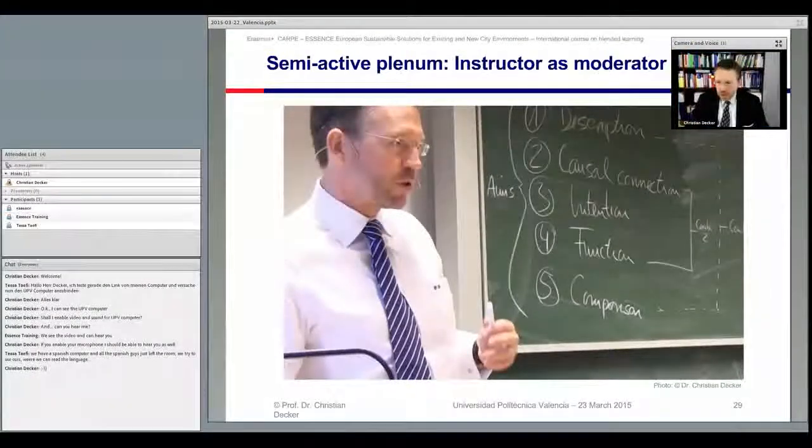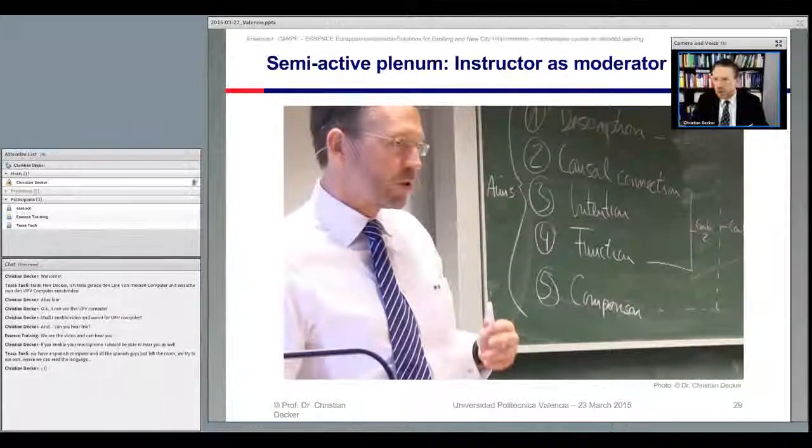Okay, so what are the methods that I use in the classroom? I have tried, I think, 8 or 10 methods, but I always come back to the following methods. First of all, what I use, and this is what all of you will probably use, is what I have termed here the semi-active plenum, meaning the instructor is standing in front of the students and working together with the students on a set of problems.